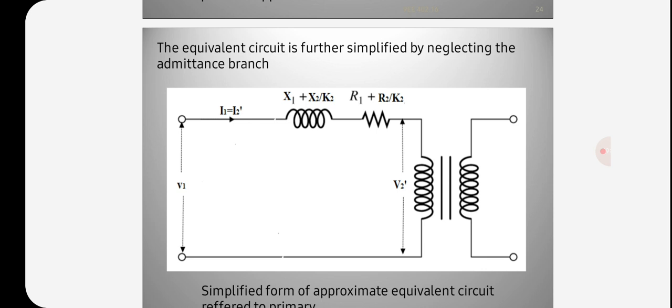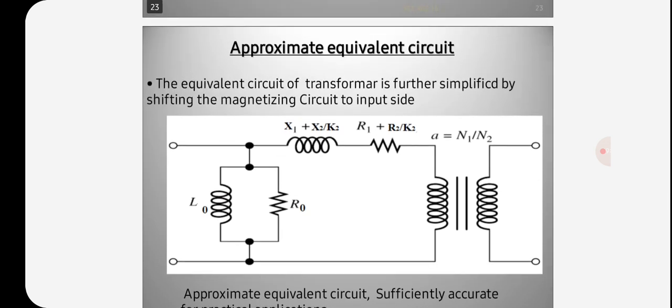So regulation for unity power factor, the secondary voltage drop for unity power factor is I2 R02, because φ2 is equal to 0 degrees, sin φ2 is equal to 0, and cos φ2 is equal to 1.